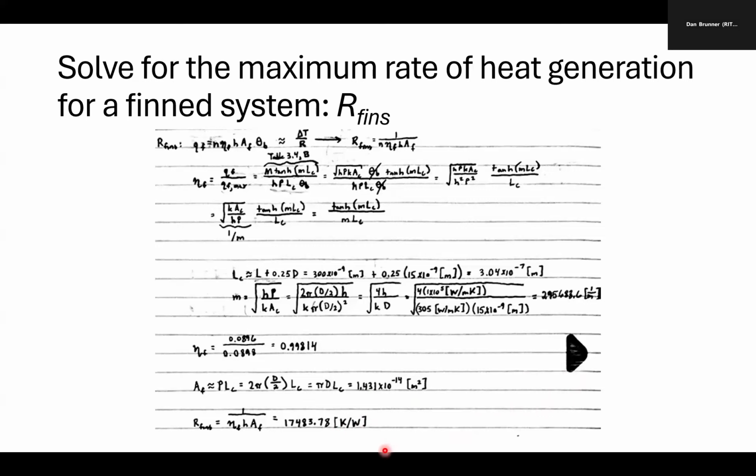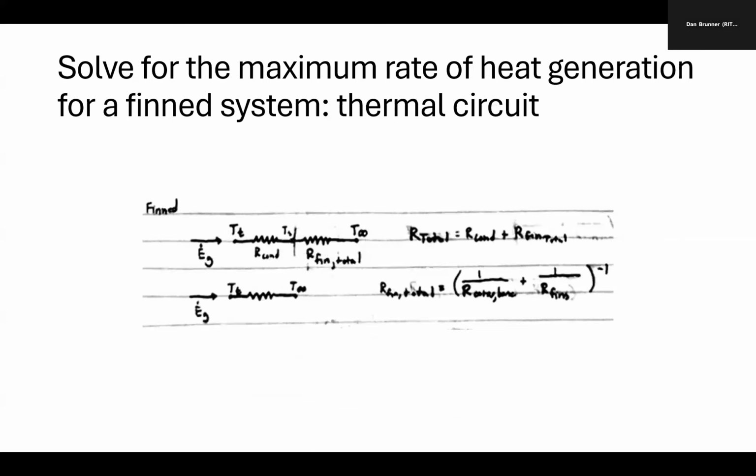If I go back a few slides, you can see that our R total is equal to this conduction thermal resistance plus 1 over the base convection thermal resistance plus 1 over the fin thermal resistance.